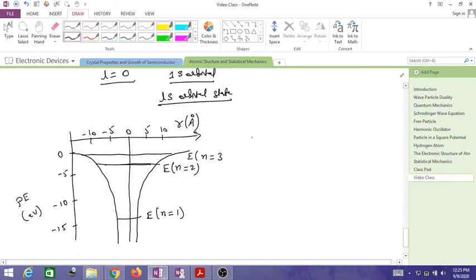The wave function for different energy levels with respect to the distance r looks like this. This is for n equal to 1 and l equal to 0, purely for the hydrogen atom, and this defines the wave function.